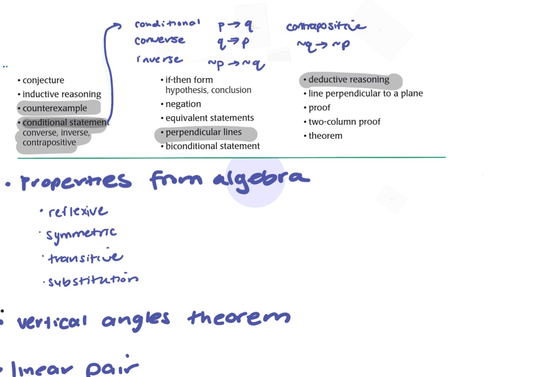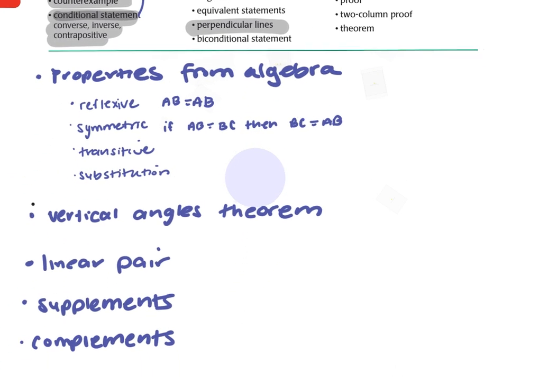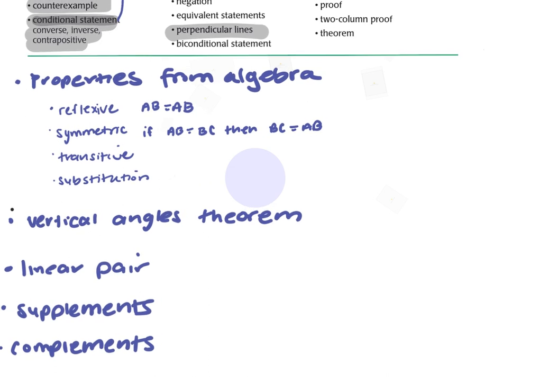So reflexive is anything that equals itself, right? So like AB equals AB, that's reflexive. Symmetric, we switch the order. If AB equals BC, then BC equals AB. Transitive has three parts.